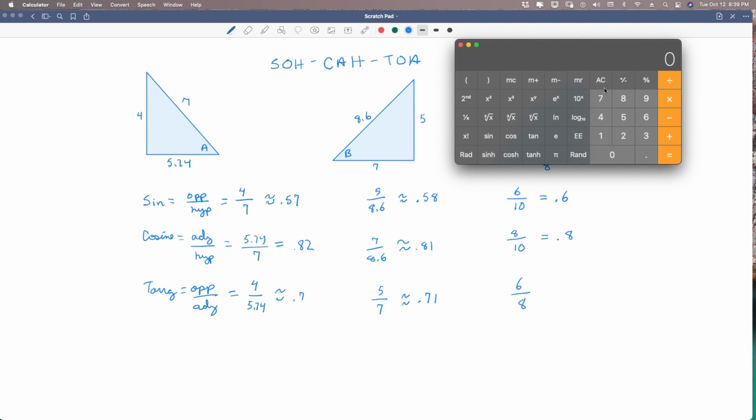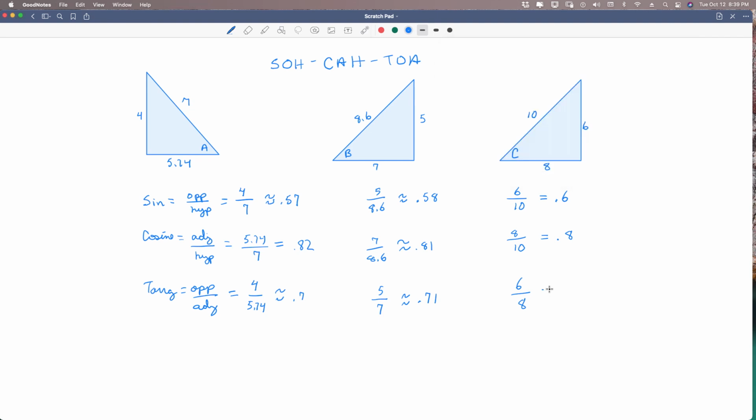And now 6 divided by 8 is equal to 0.75. All right, so we have found the sine, cosine, and tangent for each one of these triangles given the dimensions. Now we should understand what SOHCAHTOA really means. SOHCAHTOA is the ratio of one side to the other, depending on what information you have.